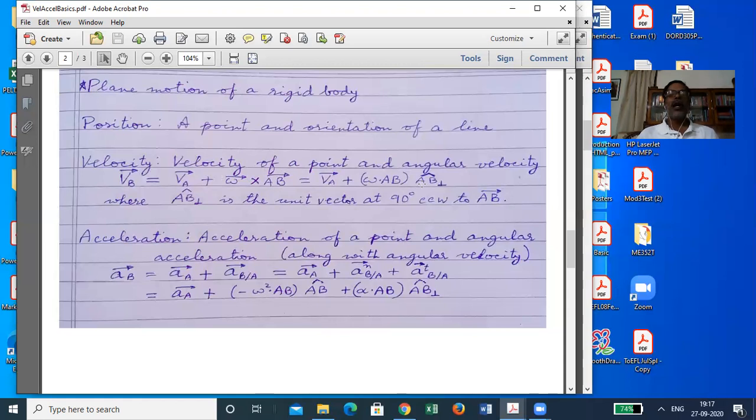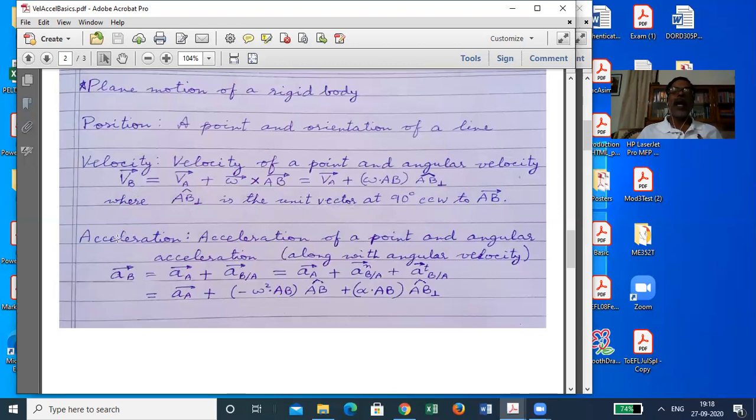So I have denoted that in this manner: AB subscript perpendicular sign hat. That means the direction is specified by this unit vector, which is at 90-degree counterclockwise to the vector AB. So whichever way AB goes, turn it by 90-degree, and that's it. Fine.